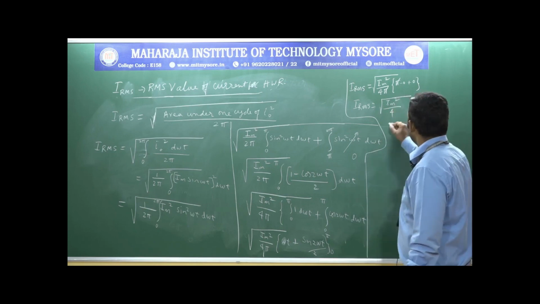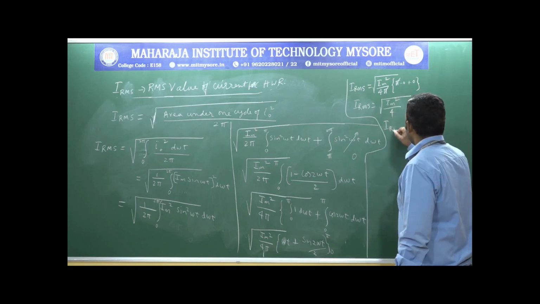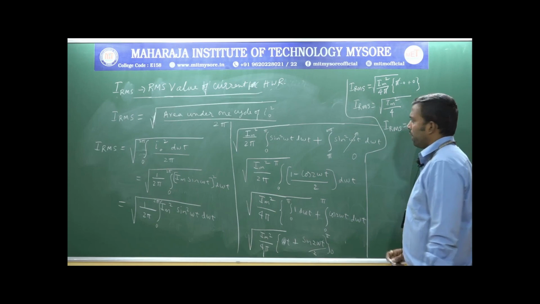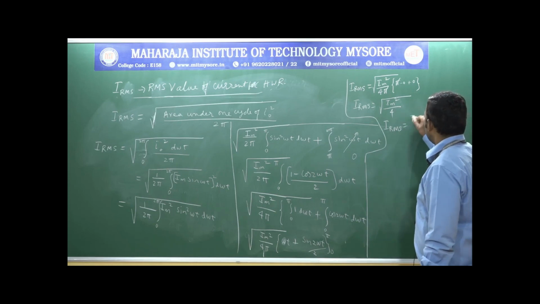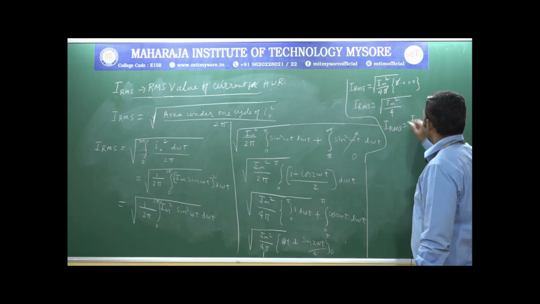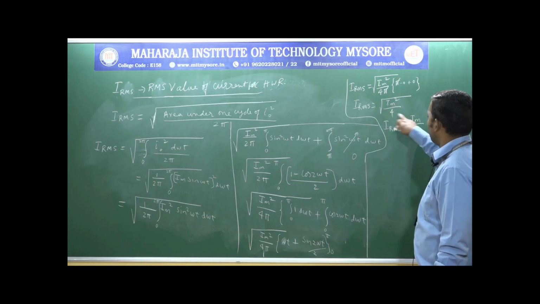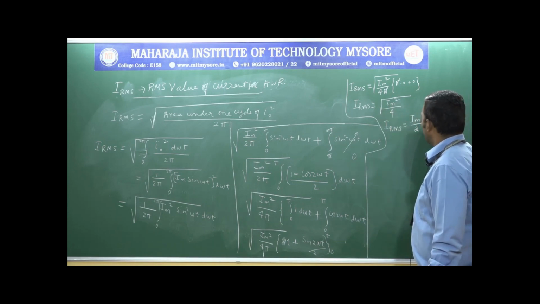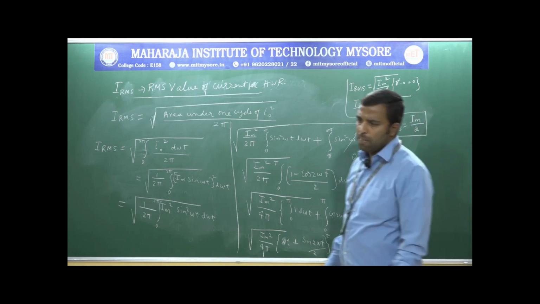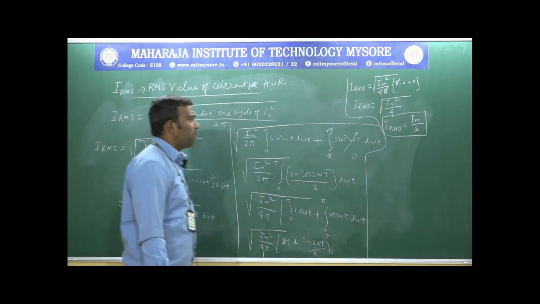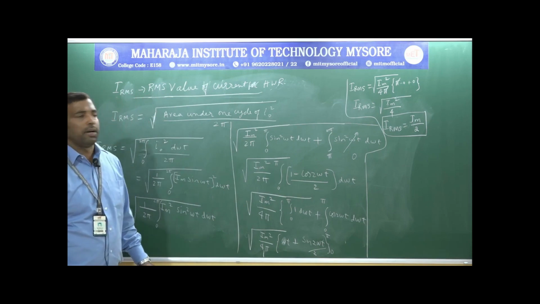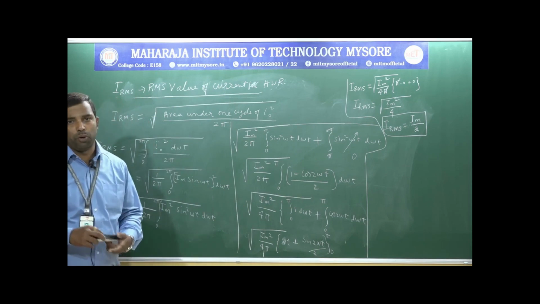Therefore, I RMS value of the half wave rectifier is Im by 2, because the square root of Im square is Im, and the square root of 4 is 2. The root mean square value of the half wave rectifier is Im by 2.